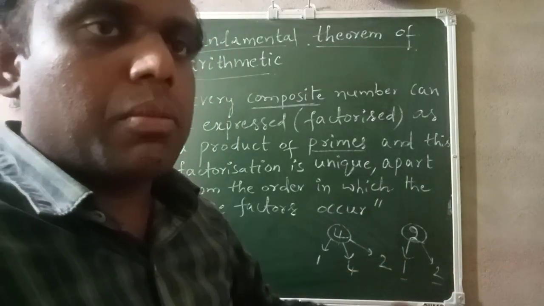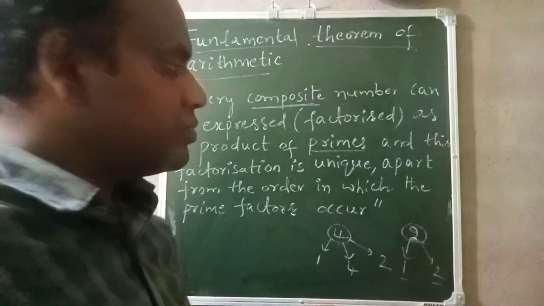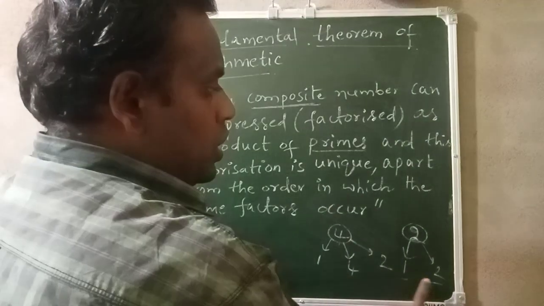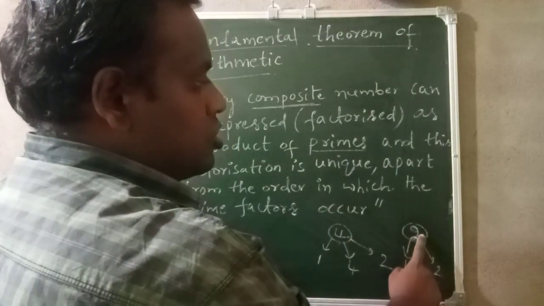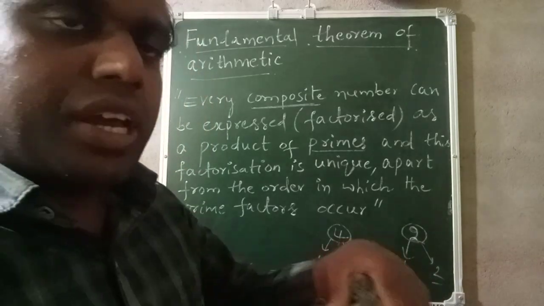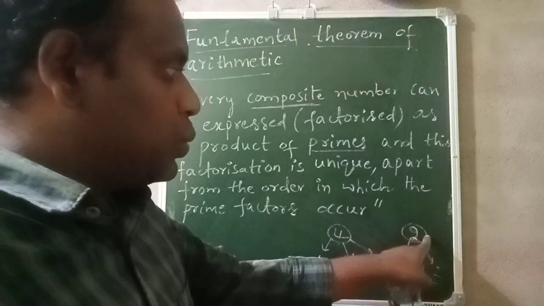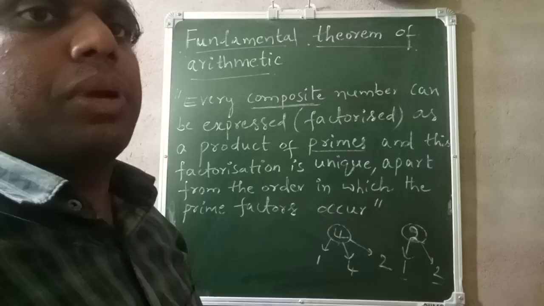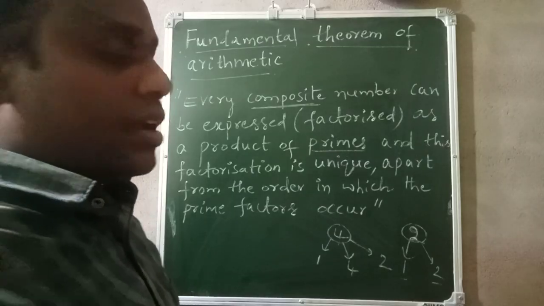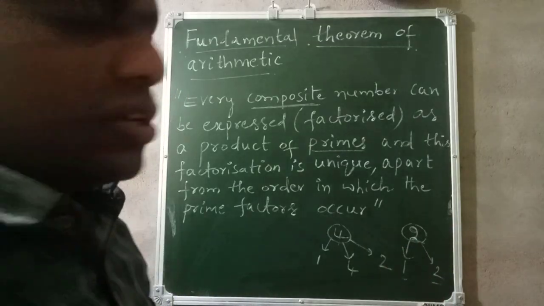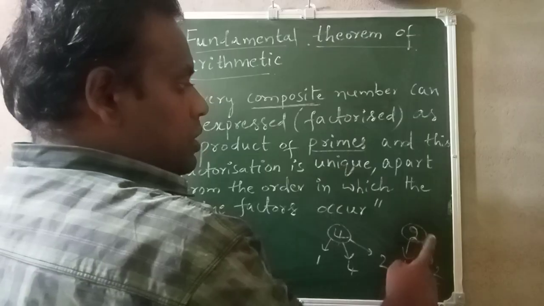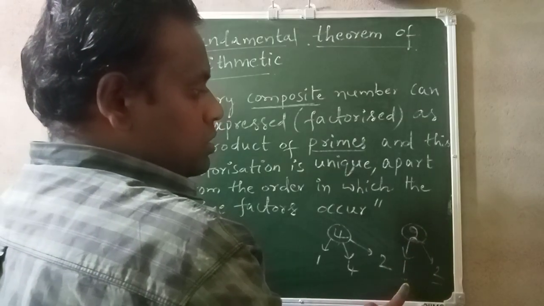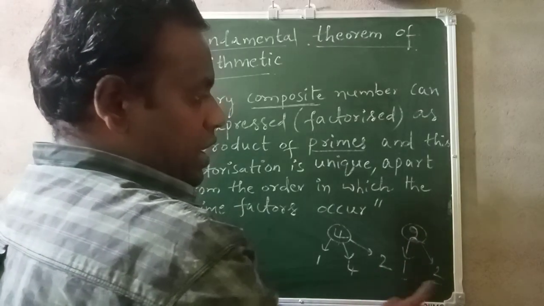Factor means it is a number that will divide. See, there are only two factors that can divide 2 completely. If you take any other number and try to divide 2, you cannot divide 2 completely. If you take 3, 3 cannot divide 2 completely. So this 2 can be divided only by two numbers. That means it has only two factors.